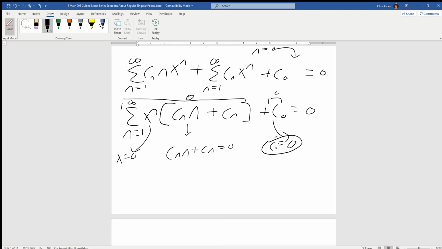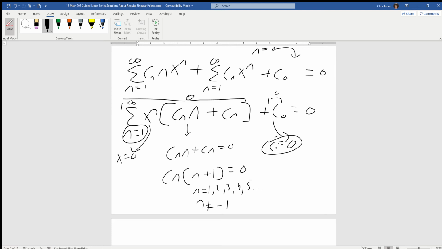All right, so let's just hold on to that. We're going to factor out the c sub n, and that's going to leave us with n plus 1, which is equal to 0. And the only way that that's going to be true is if n is equal to negative 1. But that can't be true because notice that n is equal to 1, 2, 3, 4, 5, etc. n is never negative 1.